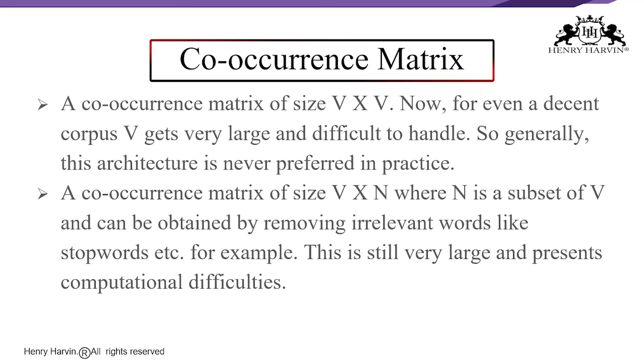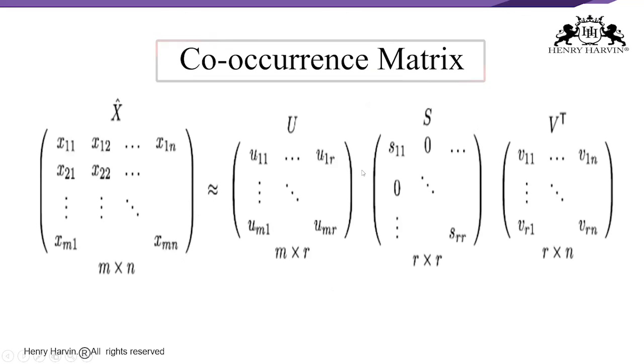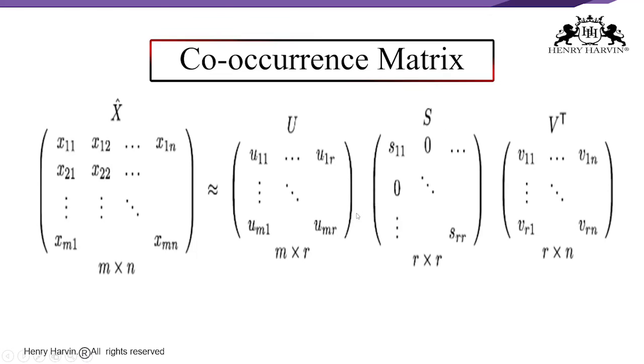For example, if you perform PCA on this matrix of size V cross V, you get V principal components. You can choose K components out of these V components, so the new matrix will be of size V cross K. So a single word represented in V dimensions will be represented in K dimensions.